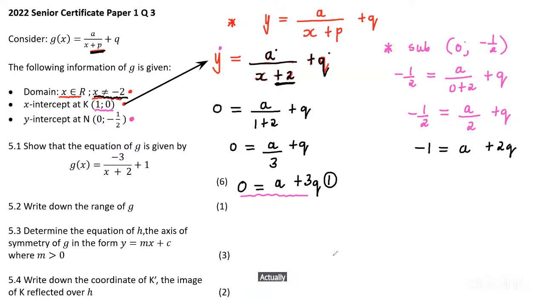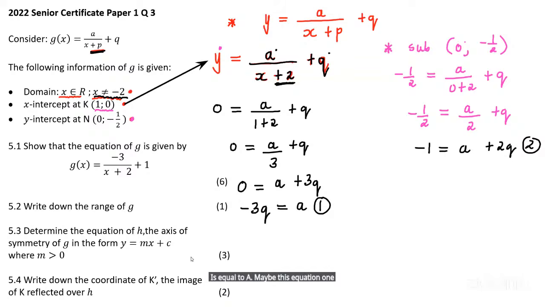You have the liberty to make a the subject of the formula, which you can do if you want. Actually, I can even do it all the way from equation number 1. I can rewrite equation number 1 and say minus 3q is equal to a. Maybe let me call this equation 1 and this equation 2. Then after this, I will substitute equation 1 into equation 2. Now, before I do that, let me reiterate.